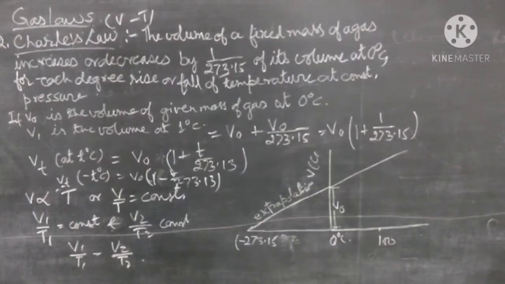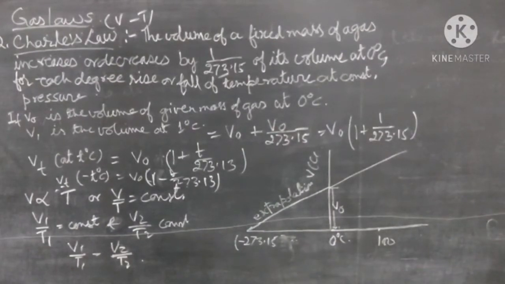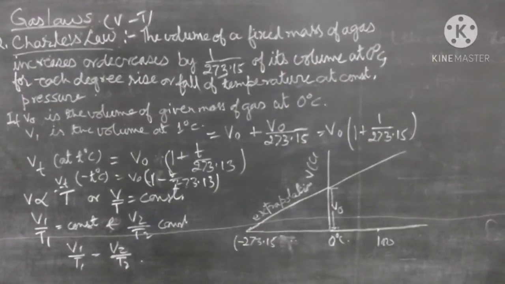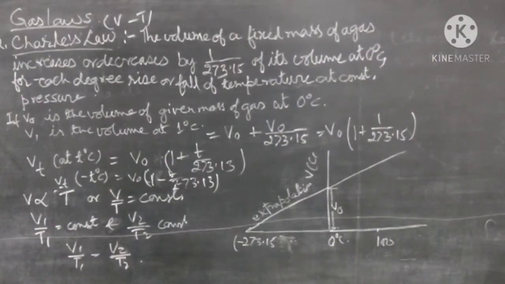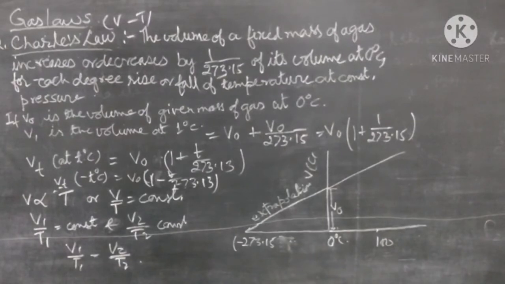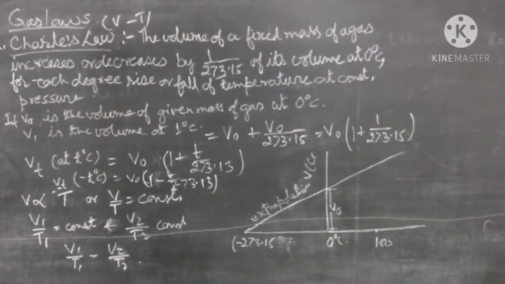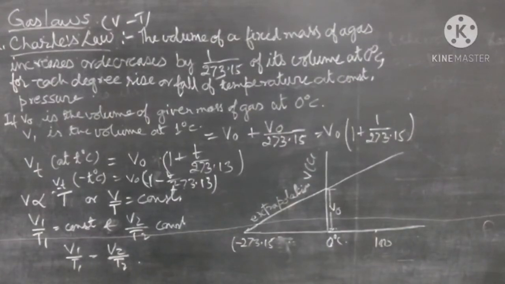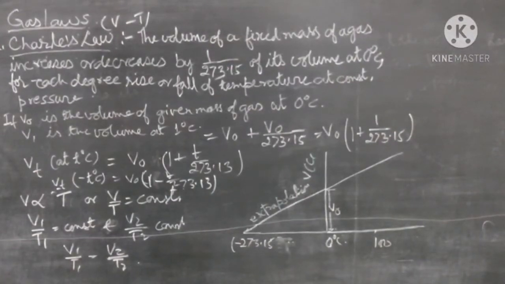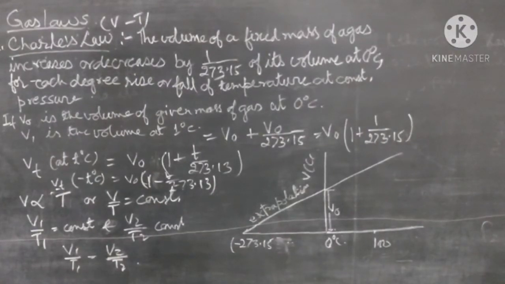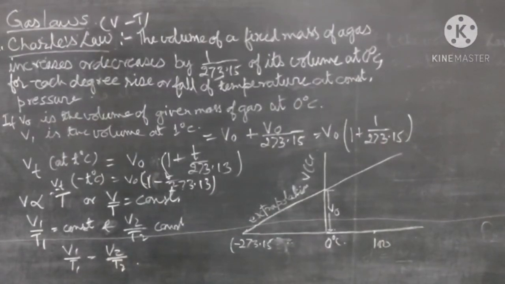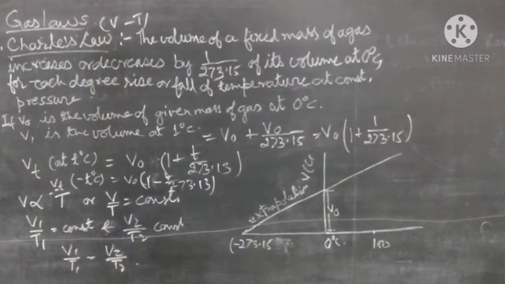This lowest possible temperature at which all the gases are supposed to occupy zero volume is called absolute zero. A scale of temperature based upon this choice of zero is called the absolute scale of temperature. Since this scale was suggested by Kelvin, it is also known after his name, that is the Kelvin scale of temperature.